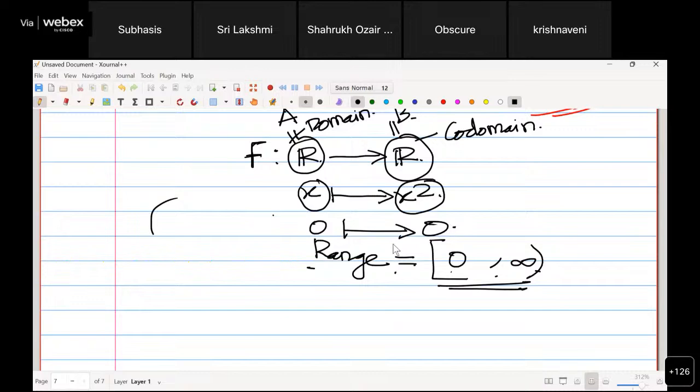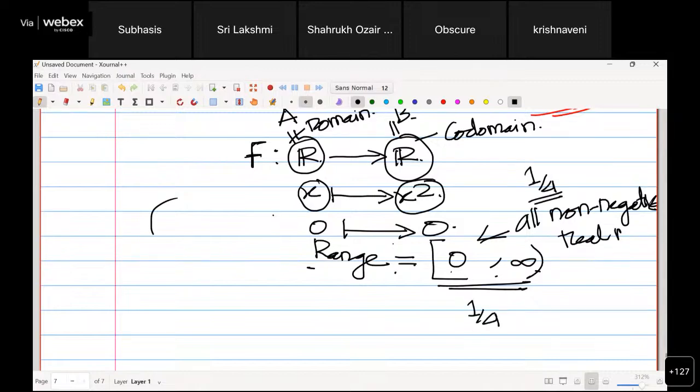Here I'm taking all non-negative real numbers. 1 by 4 is non-negative, so 1 by 4 is there. Understood, it is in between 0 and 1. So that's why this is the range of this function.